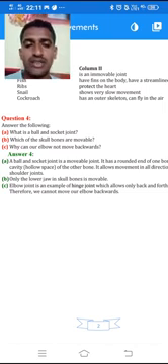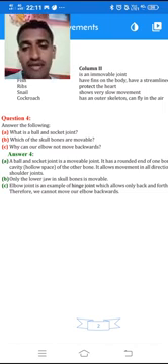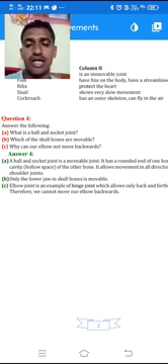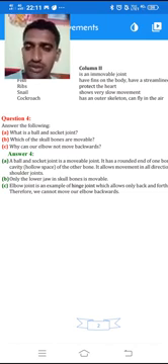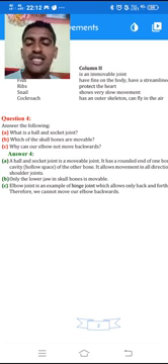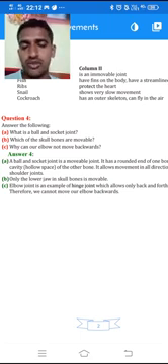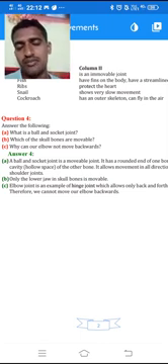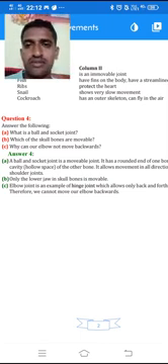Hence it allows movement in all directions. For example, our arm can move in all directions because a ball and socket joint is present there.